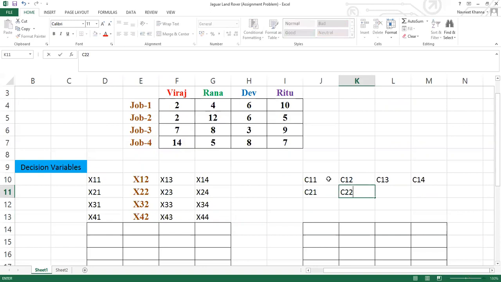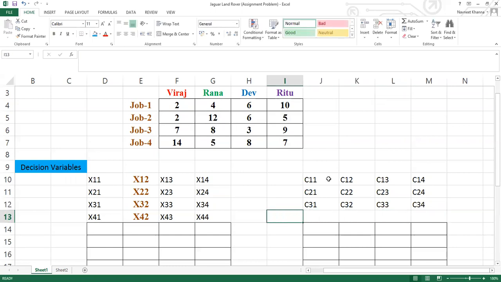C21, C22, C23, C24, C31, C32, C33, C34, and C41, C42, C43, C44, right? So these are the costs of assignment.